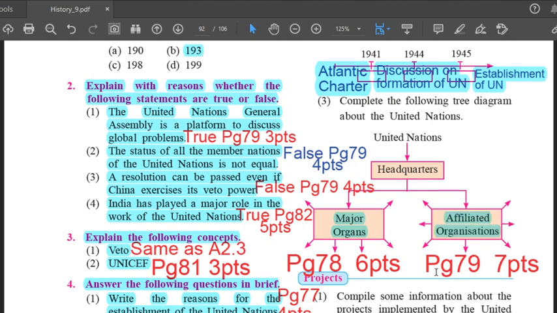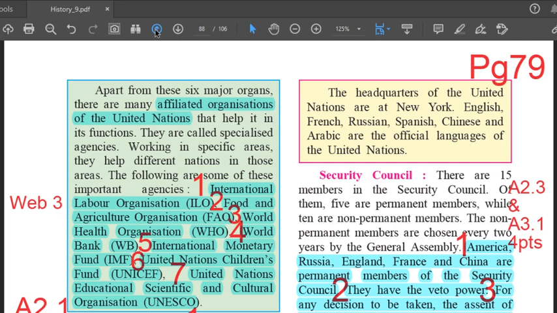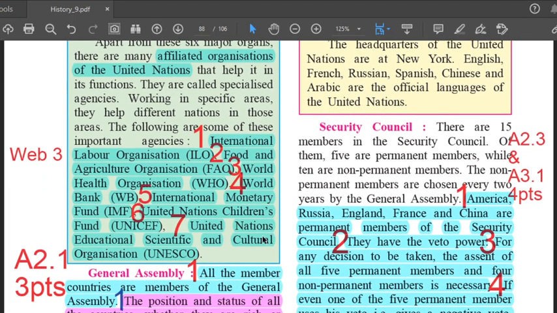Okay. Affiliated organizations are on page number 79. There are 7 in total. Left hand side, you can see the green box. This is the first organ, International Labour Organization, ILO. Second, Food and Agriculture Organization, FAO. Third, World Health Organization, WHO. Fourth, World Bank, WB.